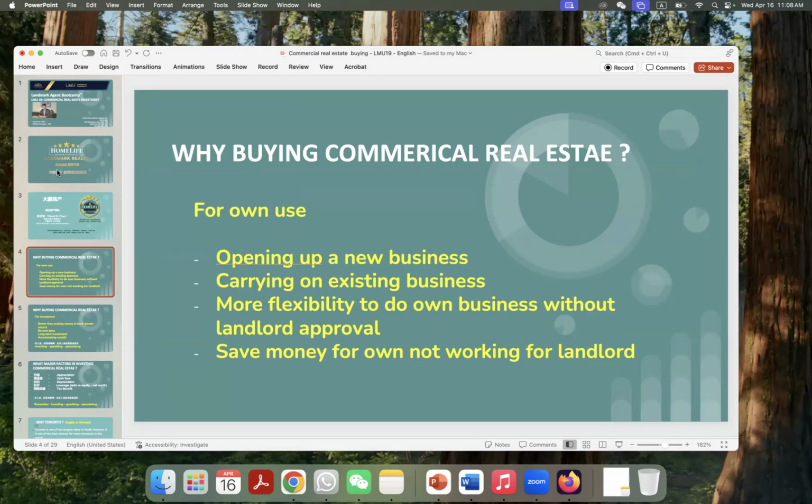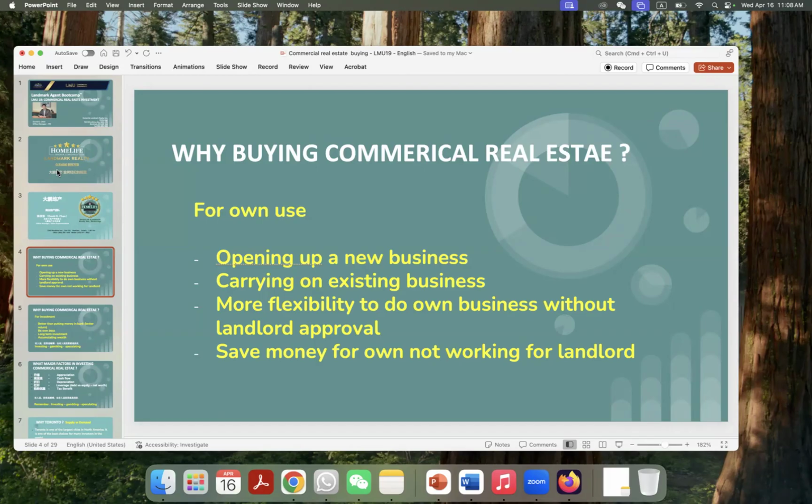That's important, right? If you are the buyer's agent or the listing agent, if you sell some commercial property, or if your clients ask you to buy some commercial property, then make sure you know their requirement: whether they want to buy for own use or for investment.